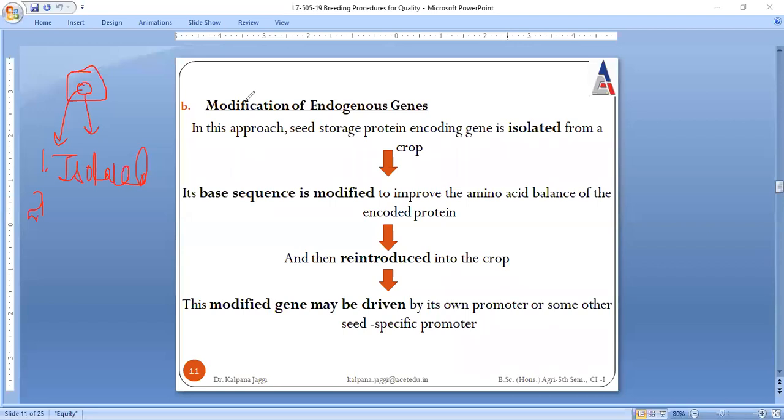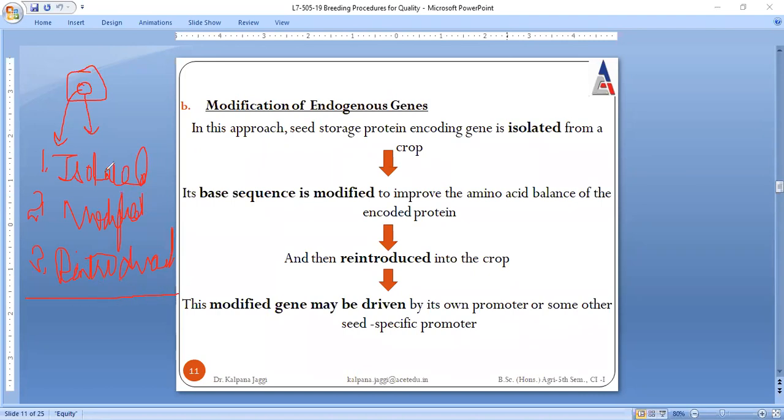So after isolation, it is to be modified, and in the third step, it is to be reintroduced back into the cell, right?